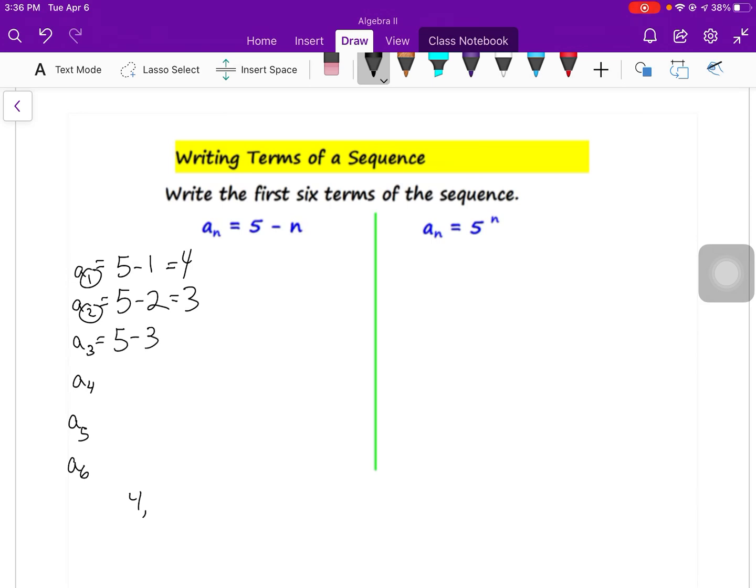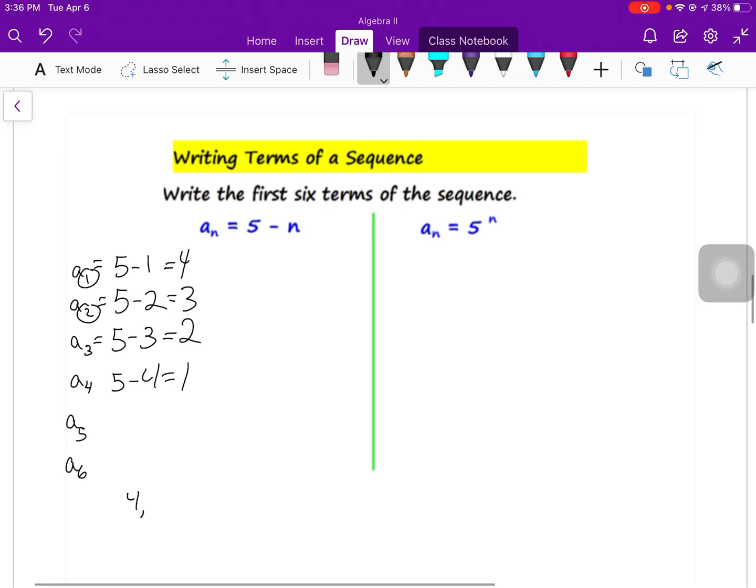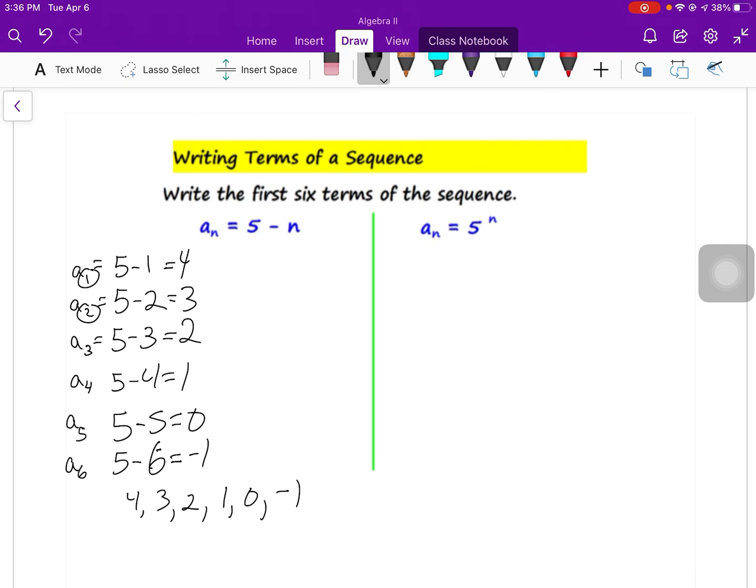So 5 minus 3 will get me the third number. 5 minus 4 will get me the next number. 5 minus 5, 0. 5 minus 6 gives me negative 1. So if you looked at this horizontally, 4, 3, 2, 1, 0, and negative 1 would be my first 6 terms.